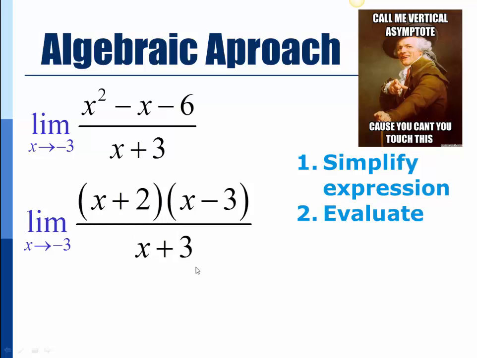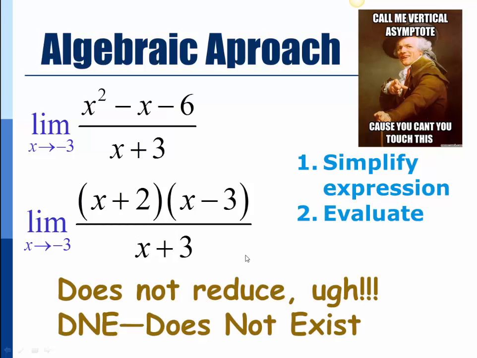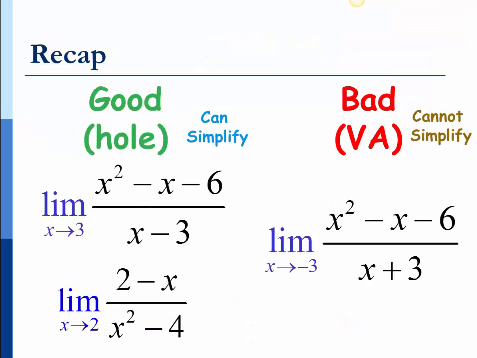And when we can't reduce out, that's when we have limits that don't exist. It's all because our algebra, we're not able to simplify this and eliminate the problem that we have. And so in this case, that's how our vertical asymptotes happen, is when things don't factor out for us.